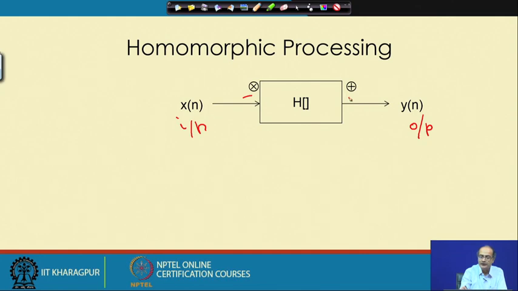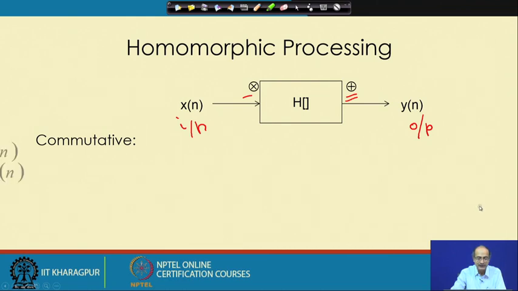The equivalent to it in the output space is the plus operator. So, the relations we had before, the structure would be preserved, but the operator will change.